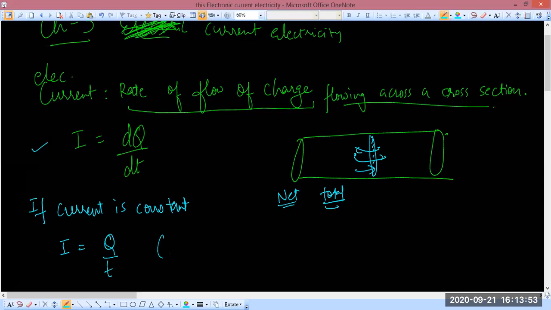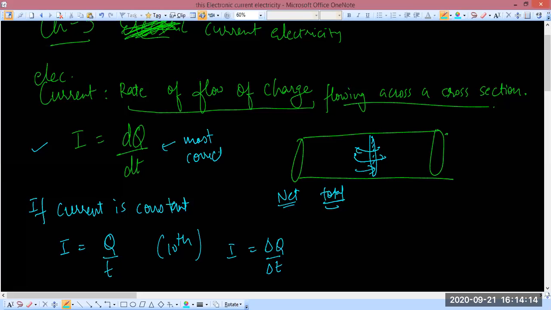This is what you had in 10th standard, where differentiation was not there. You could also write this as delta q by delta t, where delta q is charge flown and delta t is the time interval that it takes. Remember that this is the most correct definition.